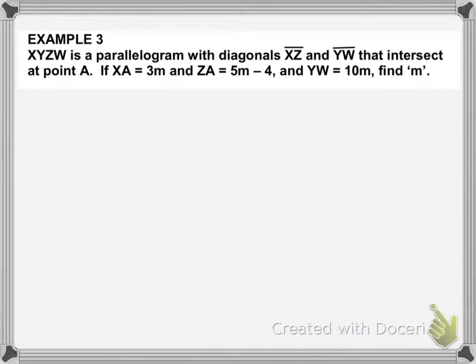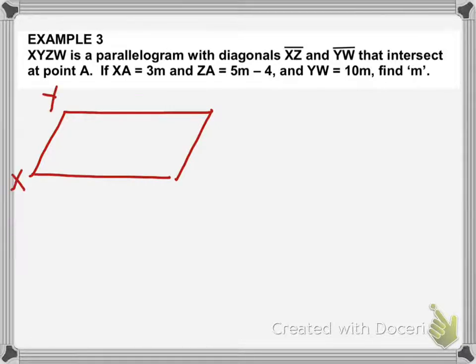All right, let's try another one. We'll probably have to draw a picture again. XYZW is a parallelogram with diagonals XZ and YW that intersect at point A. So let's start there and first draw and see if we can make it look right.